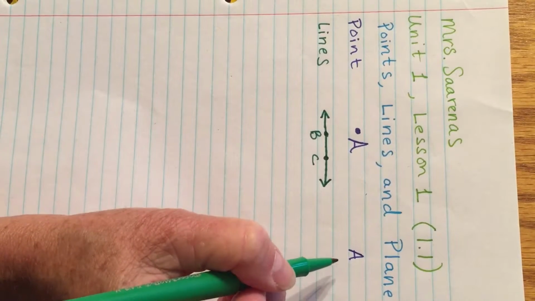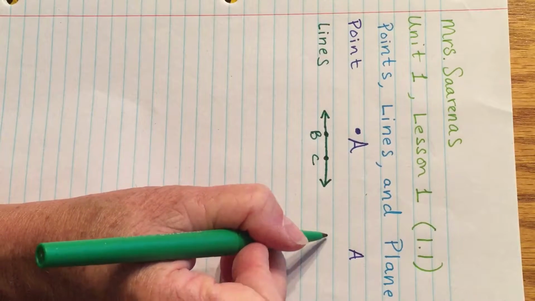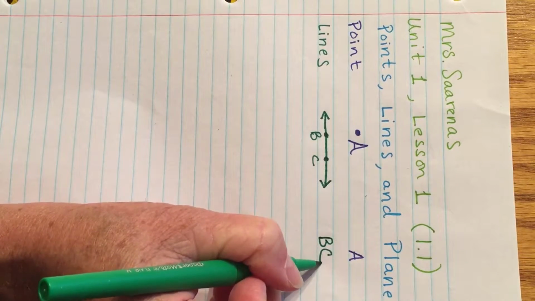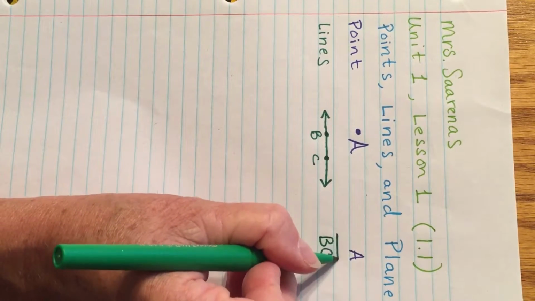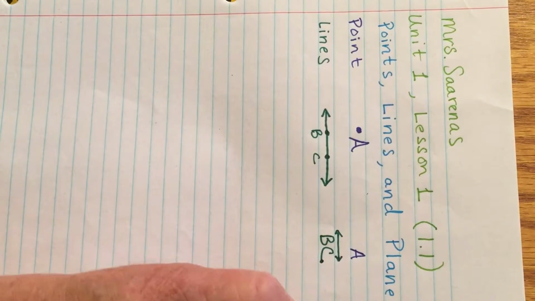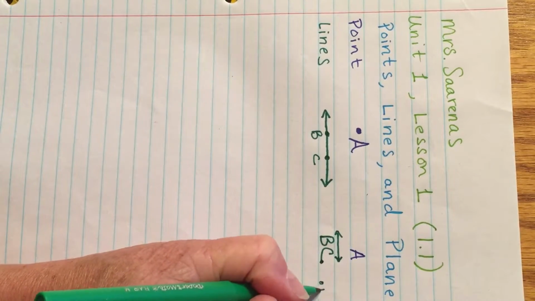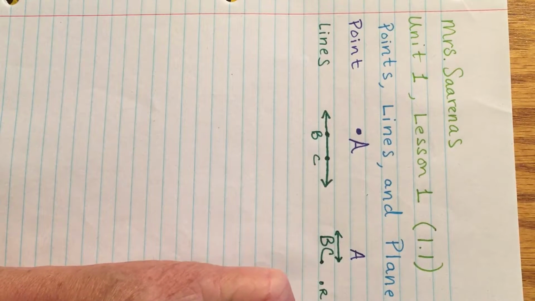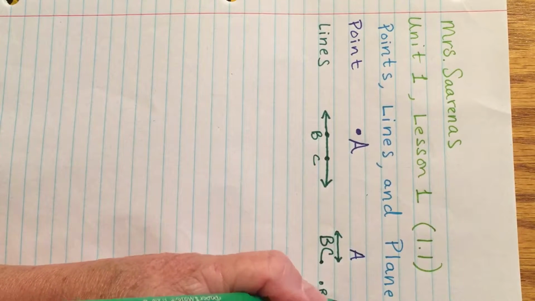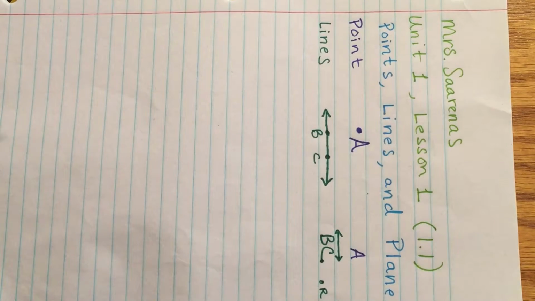So to name a line, I would use 2 letters such as BC and the symbol that goes above it. It does not matter the order, so we could call this line CB. Again, with the symbol for a line sitting above it.